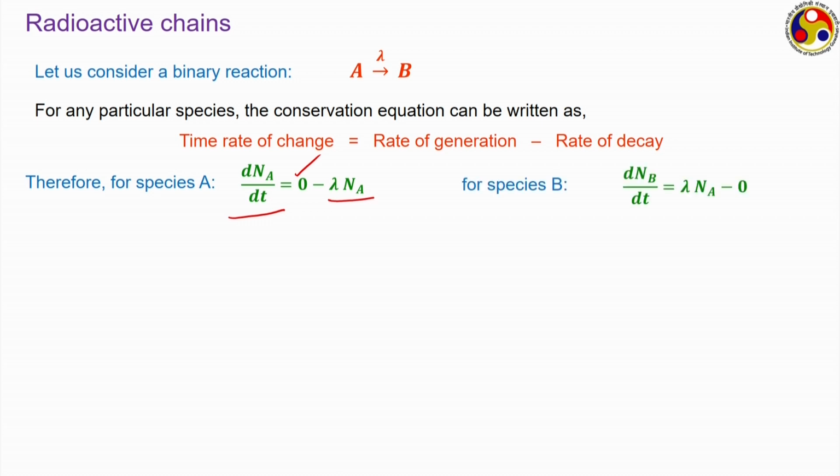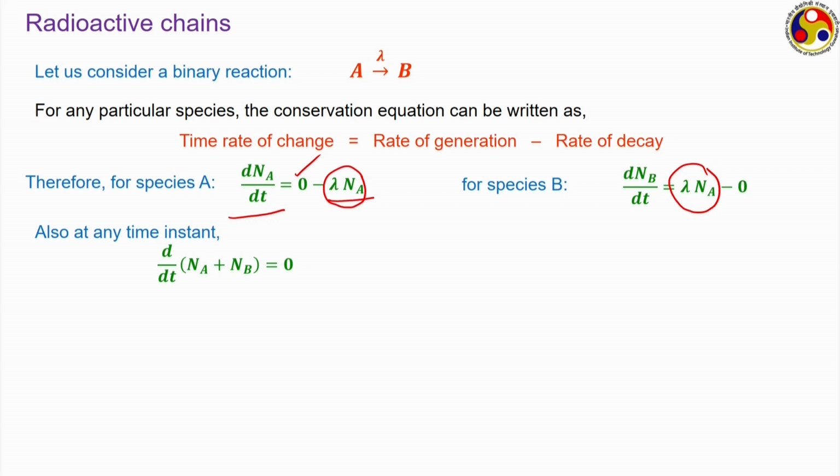Similarly, for the species B, dN_B/dt has a source from A. Whatever is the reduction in the number of nuclei of A following this decay rate, the same will be the gain in the number of isotopes of B, and so dN_B/dt is equal to lambda N_A minus 0, as B is not undergoing any further disintegration.